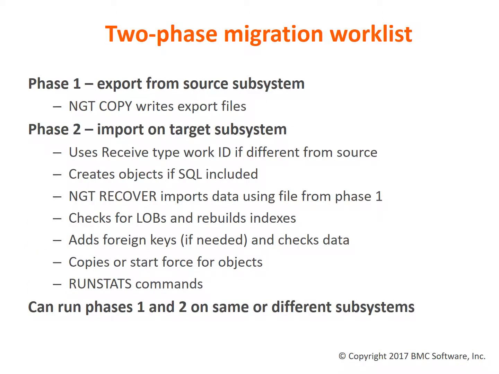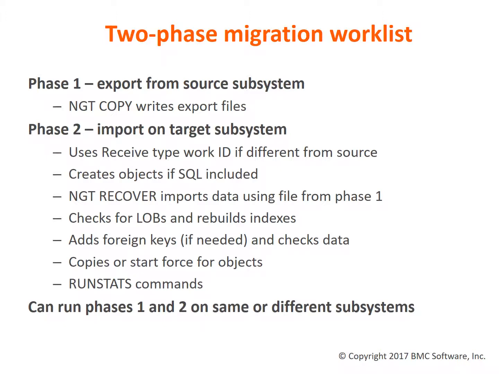To use copy migration, specify the scope and change rules as you normally do. Analysis validates your input and produces a migrate work list that includes an export in phase 1 and an import in phase 2. Phase 1 is executed on the source DB2 subsystem.